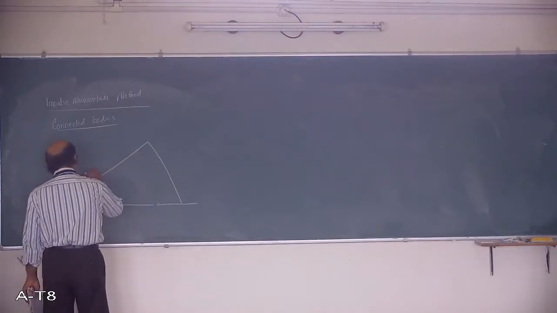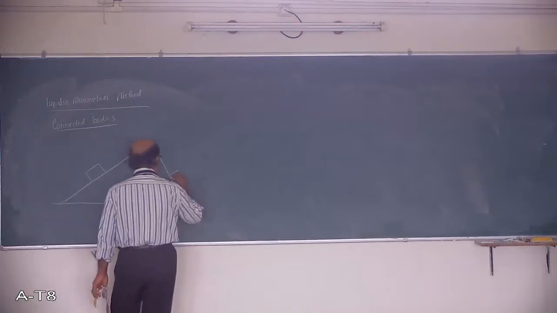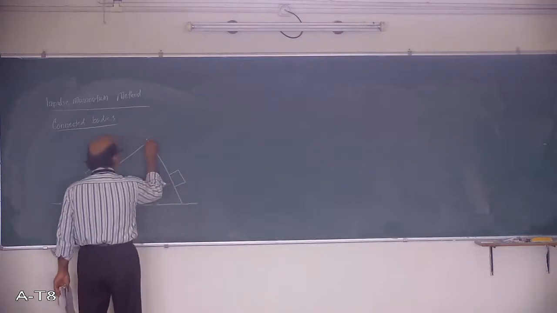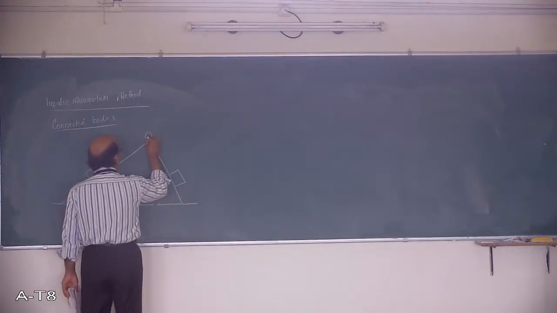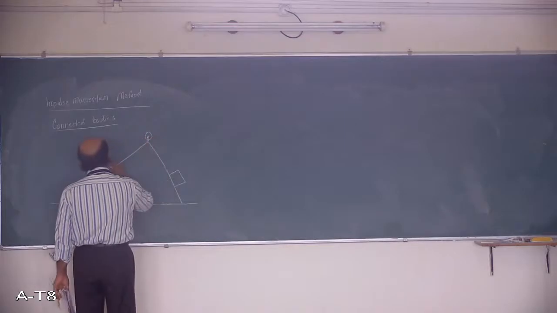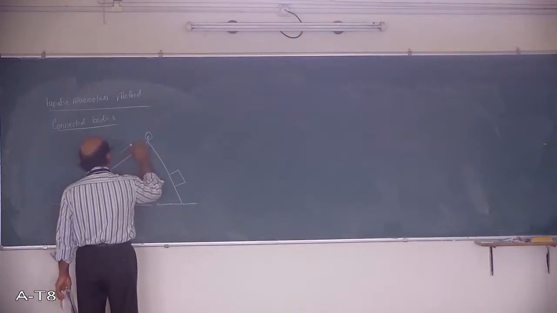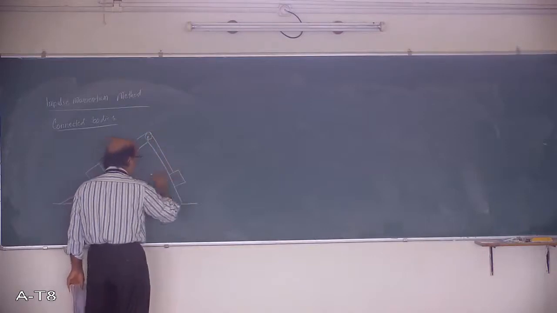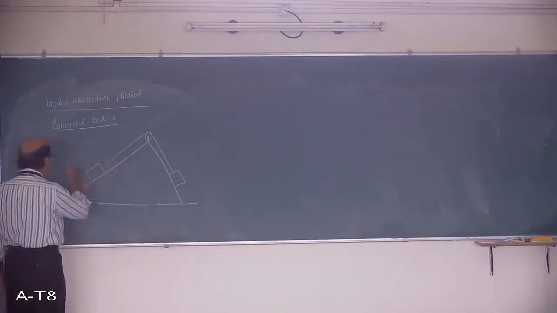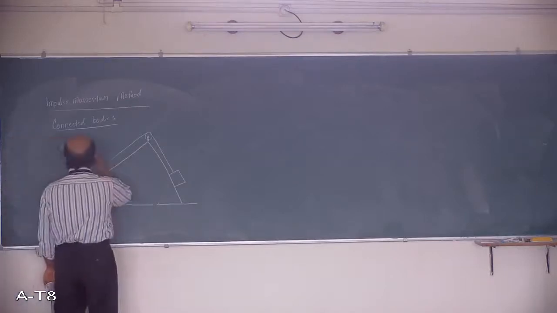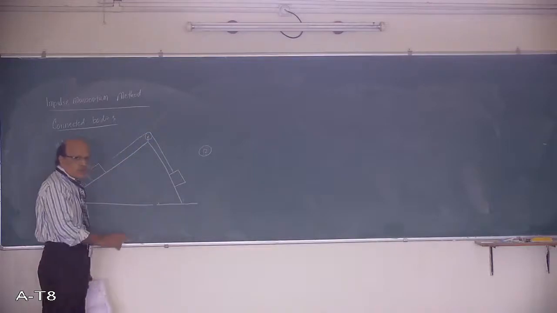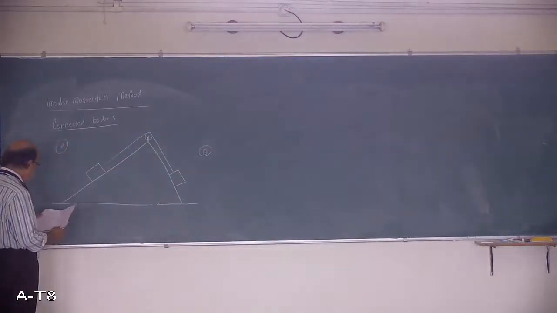One block is suspended on this slope and the other block is suspended on the other slope, and there is a frictionless pulley connected here. A string or wire is taken over that pulley and connected to both the blocks. I call this block A and I call this block B, so that there will not be any confusion.